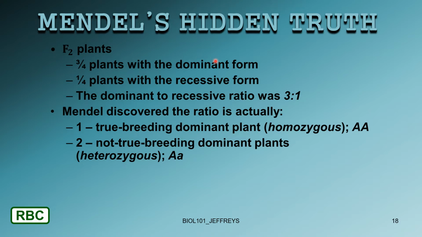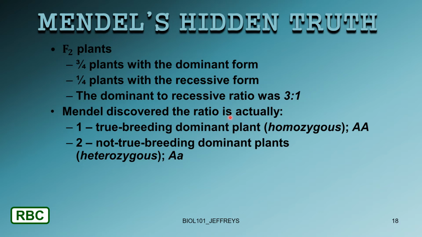In the F2, 3/4 of them displayed the dominant phenotype. 1/4 displayed the recessive phenotype. And so the dominant to recessive ratio was 3-to-1 roughly. That's something you want to remember as we talk about Punnett squares.